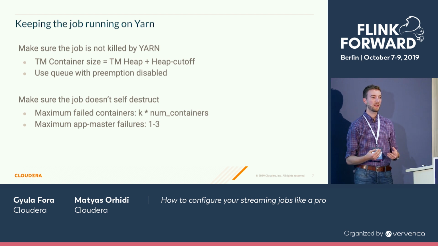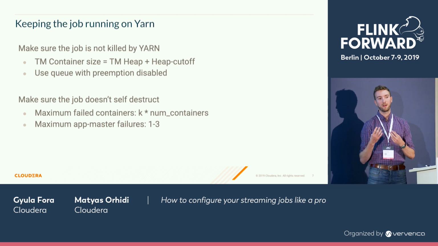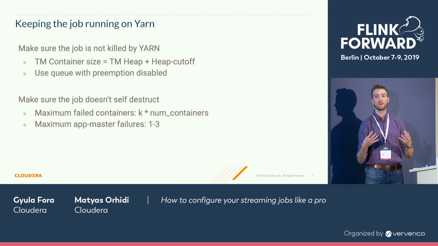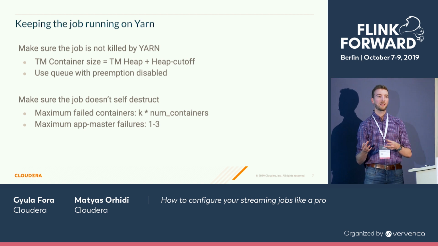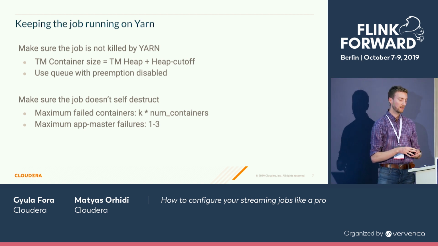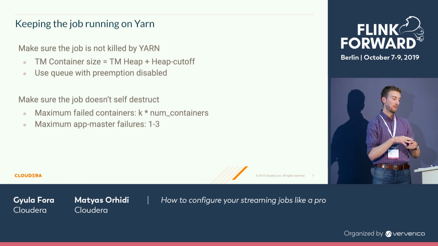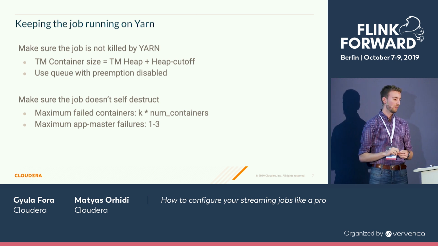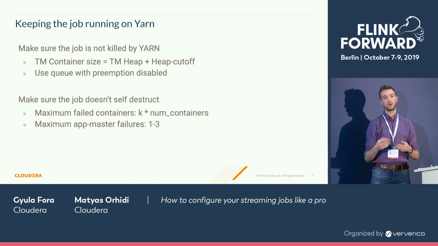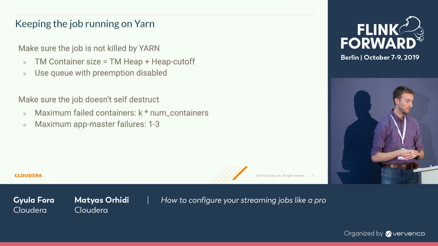So we have to keep in mind that when we configure the task manager size on Yarn, we actually configure the Yarn container memory limit. And this doesn't mean that the task manager will get that much heap, because the task manager container size has two components. It's the task manager heap and an additional memory cutoff amount that is reserved for non-heap memory usage of the container. So we have to keep that in mind.